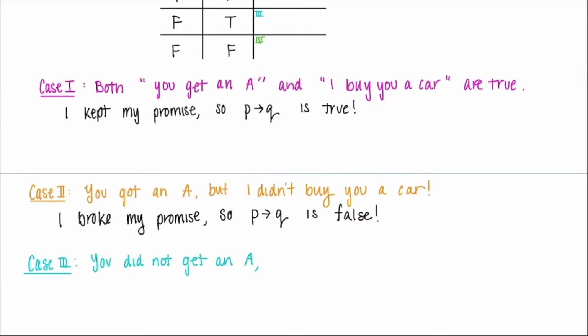I still bought you a car. So ultimately, I actually didn't break my promise. You did not get an A. So I was not required to do anything at all. If I did it, great, that works out for you.